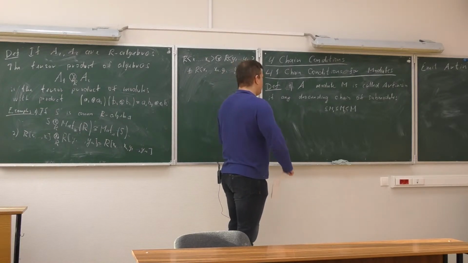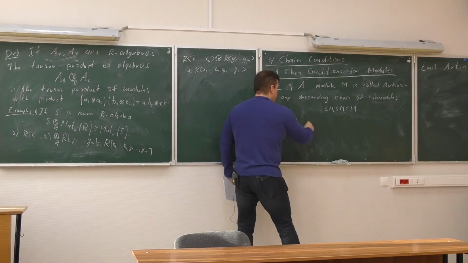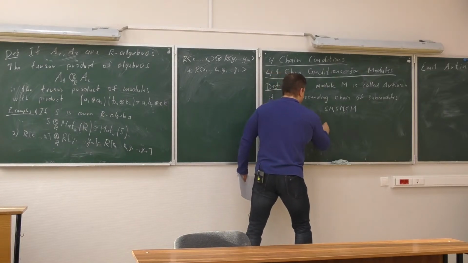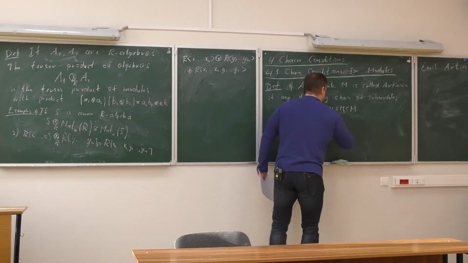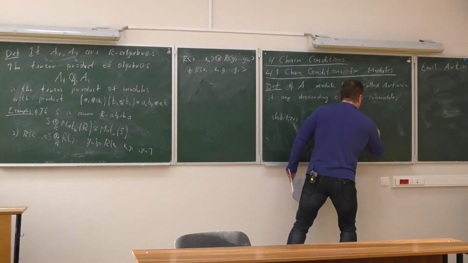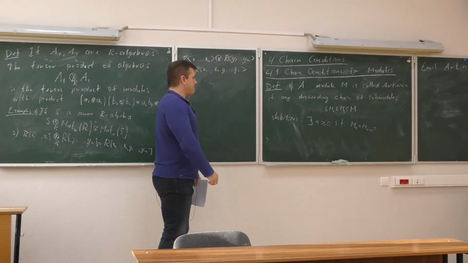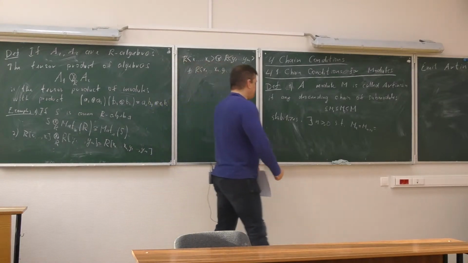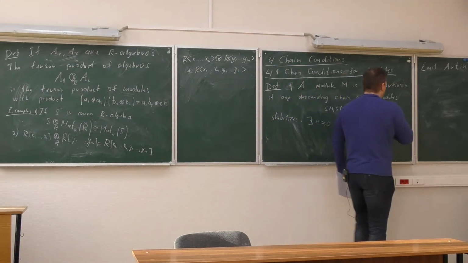So any descending chain of submodules stabilizes, meaning that there is a number n such that starting with this number n, all the modules are the same. So this is the definition of an Artinian module, and there is a dual definition of a Noetherian module.